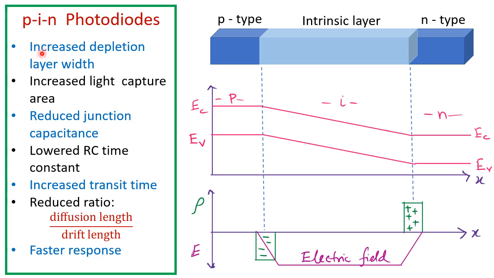So this has tremendous advantages, right? One is that there is an increased depletion layer width. That would mean two things. One is that the region for light capture that will lead to drift of electron and hole across these two junctions of the PIN diode is literally much larger than the usual PN junction region.